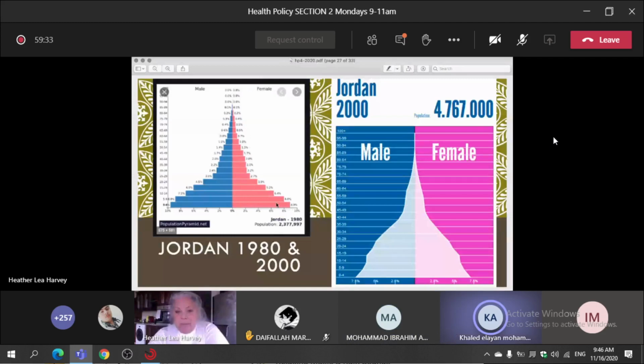Okay, so these people are now going to be up in here, okay? Let's go 20 years forward. Do we still see a high birth rate? Yes. Are we seeing a little bit longer life expectancy? Yes. And we're starting to see more people come into the workforce.